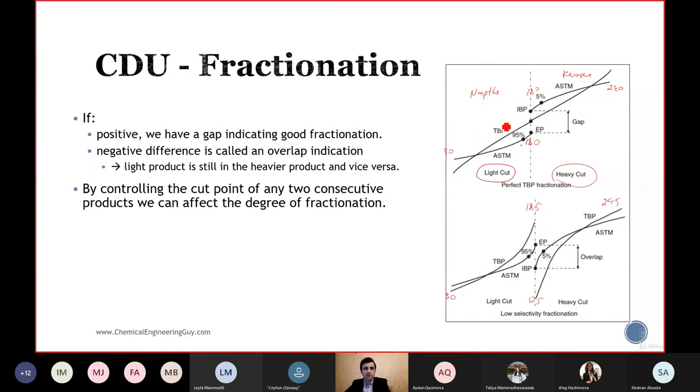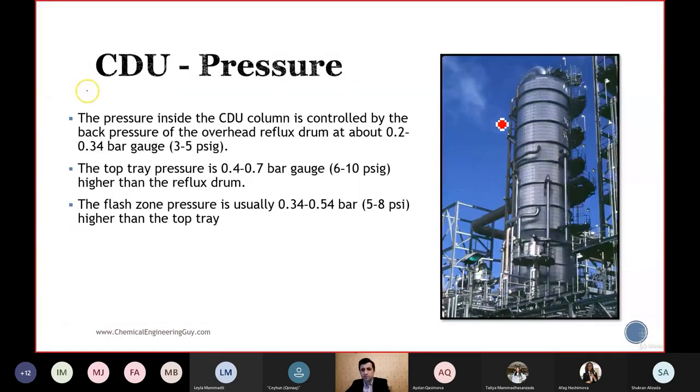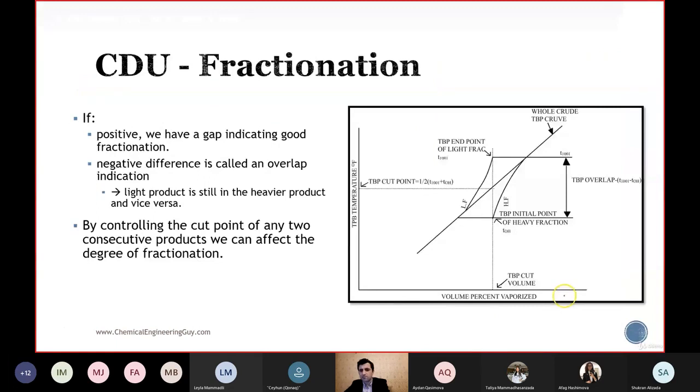The CDU pressure. So the CDU column is controlled by the back pressure of the overhead reflux drum. Where is it? Yes, here, this one. You can see that it is 2 atm, which is equal to 1 bar G. And this is the overhead reflux drum.